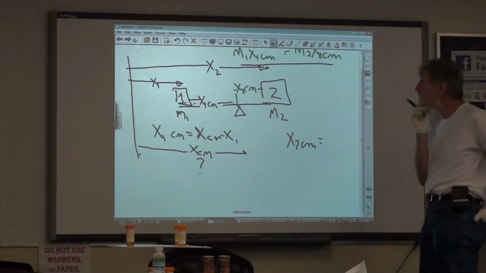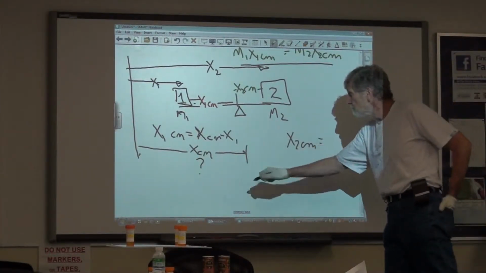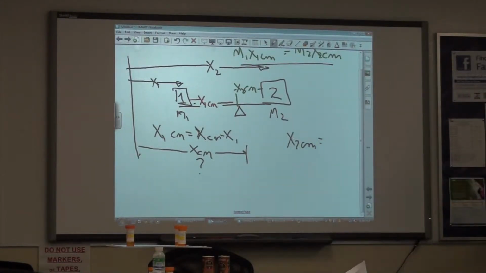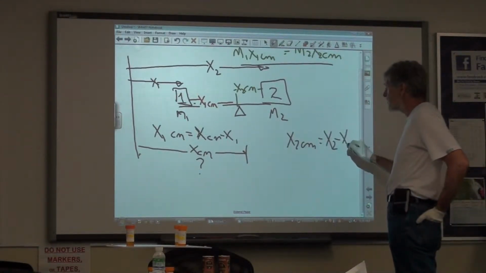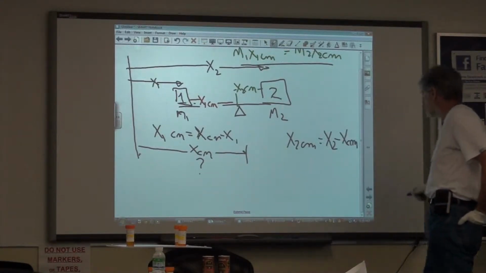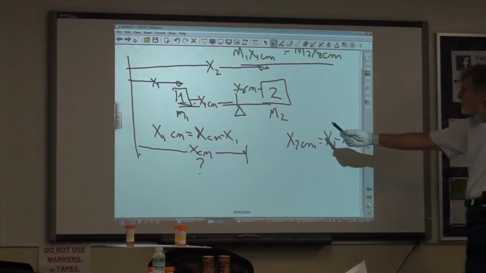Yeah? XCM at the bottom is supposed to go only to the balance point. Balance point? Okay. Yes. Okay. Now, x2 cm equals x2 minus xcm. Okay? This is x2 cm.